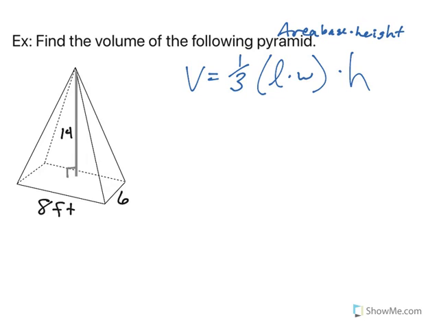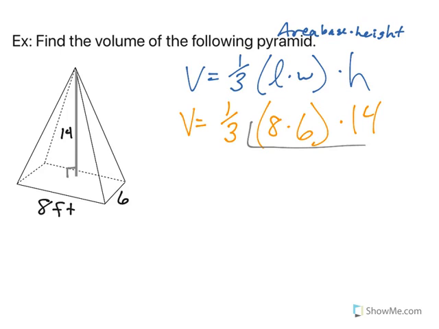So let's plug in what we know. The volume is 1/3, length is 8 feet, width is 6 feet, height is 14. Now I'm going to go ahead and do the 8 times 6 times 14 piece. So when I multiply 8 times 6 times 14, I get 672.